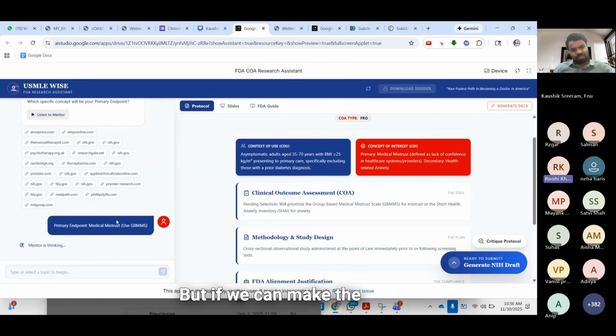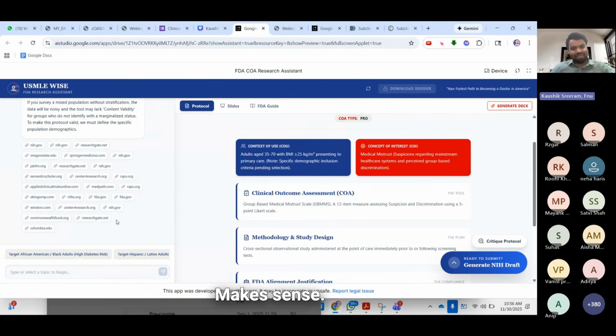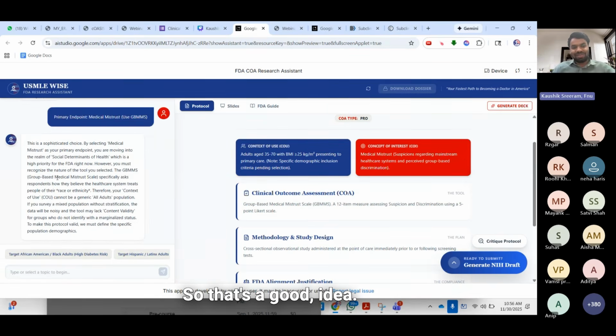But if we can make the whole process of medicine more holistic, less paternalistic and more patient focused, we can listen to people and say, okay, you have a concern, that's totally valid, let's explore more of it, instead of saying, you're overthinking this, just calm down, it's going to be okay. Yes, makes sense. So that's a good idea.